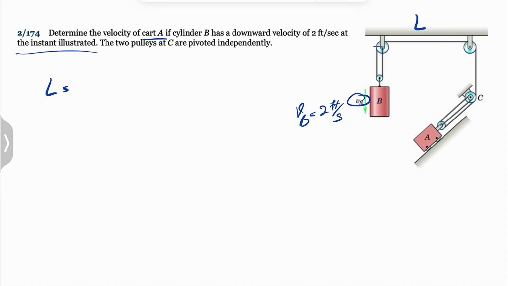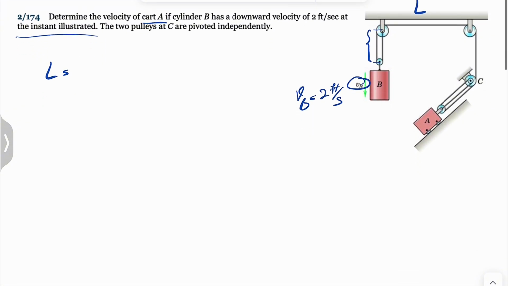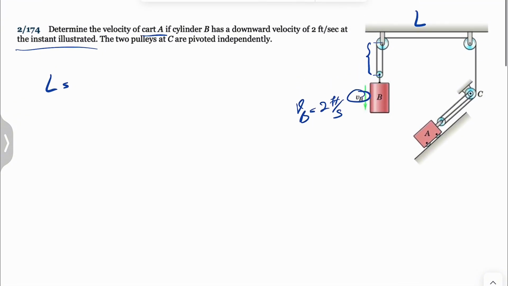The way we're going to consider this length, we're going to break it down. If we consider from the center to here, this distance, we can call it anything, SA, YA, or any other variable. So let's just call it SB, which is the distance that cylinder B is traveling. We have 2 SB here, and if we go further to the cable between the two pulleys, we assume all three segments are parallel to each other, so we don't need to consider any extra length.